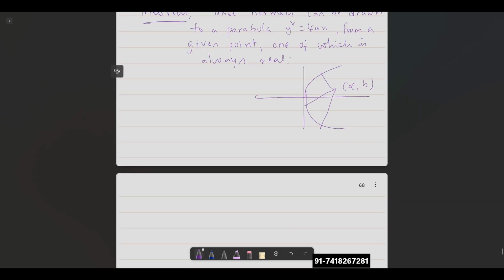We can prove that. So we know the parabola equation is y square is equal to 4ax, and the point from which we can draw the normals is (alpha, beta).